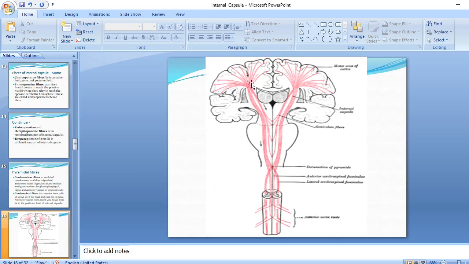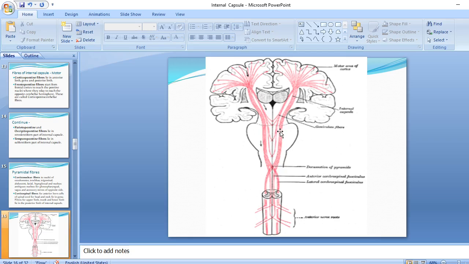Here, you can very well appreciate how these corticospinal and corticonuclear fibers start from the cerebral cortex, come here in the internal capsule, lying in the anterior limb, genu, and posterior limb. They are coming down in the crus cerebri of the midbrain.